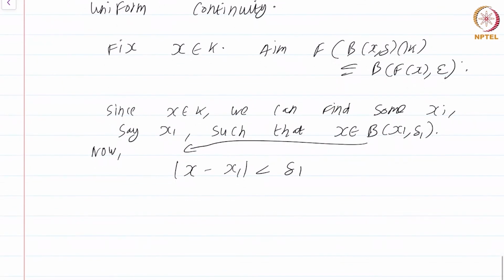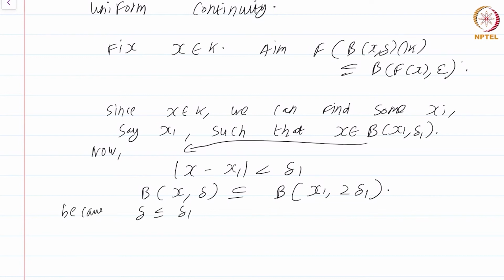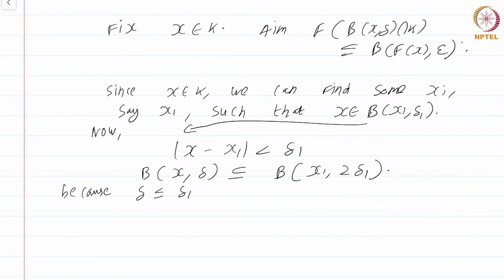But B(x, delta) will therefore be contained in B(x1, 2 delta 1). This is because delta will be less than or equal to delta 1. If you want to see a proof of this, let me just do it once, because I am going to pull a similar trick soon.